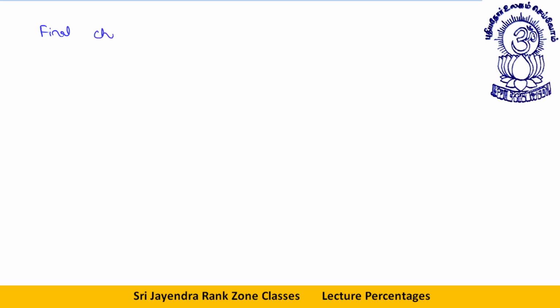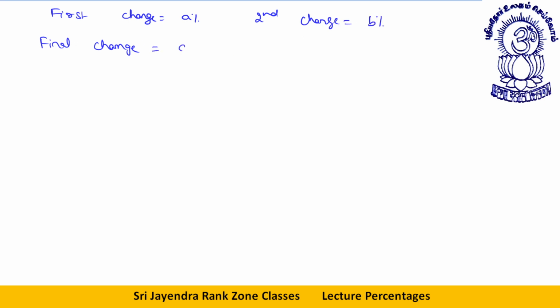Final change when, let's say, first there is a change of A%, first change is equal to A, second change is equal to B%. What was the final change? The formula was A plus B plus AB by 100.